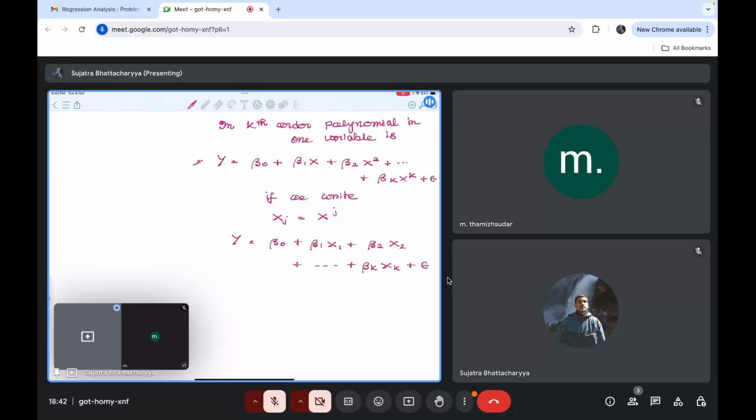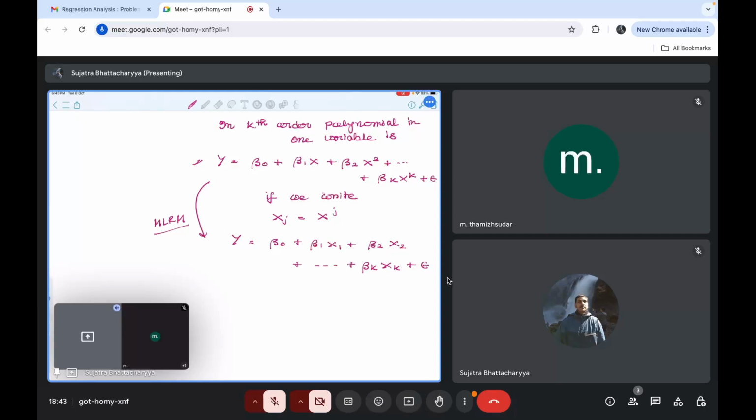So what we have done is that it is a kth order polynomial in one regressor variable, but we have transformed it into a multiple linear regression model, an MLRM. Look at it.